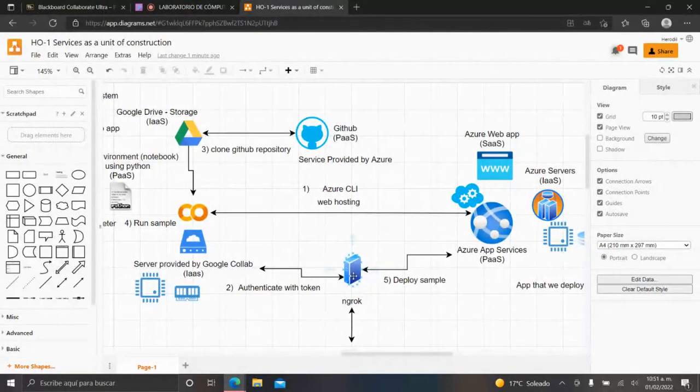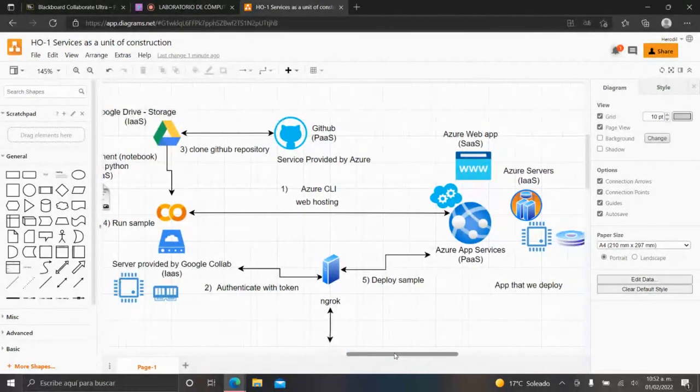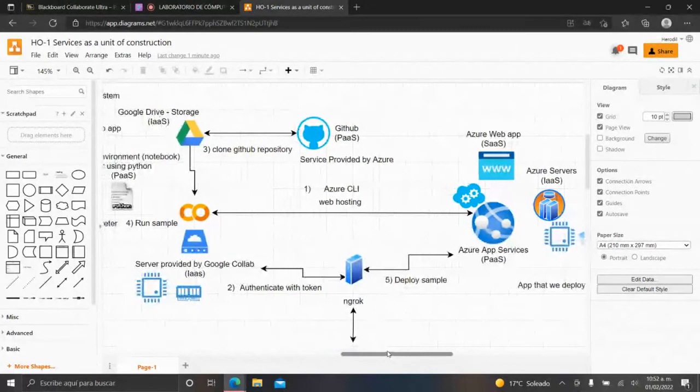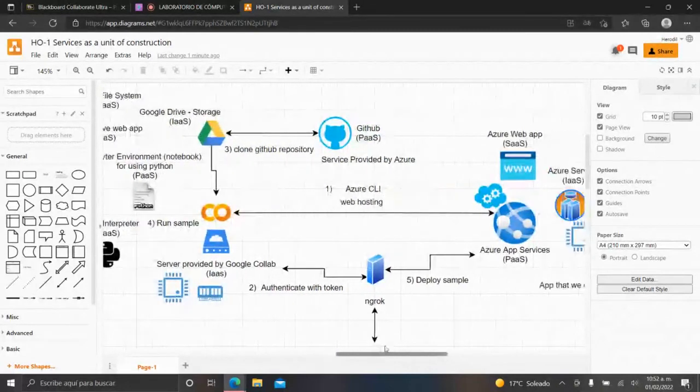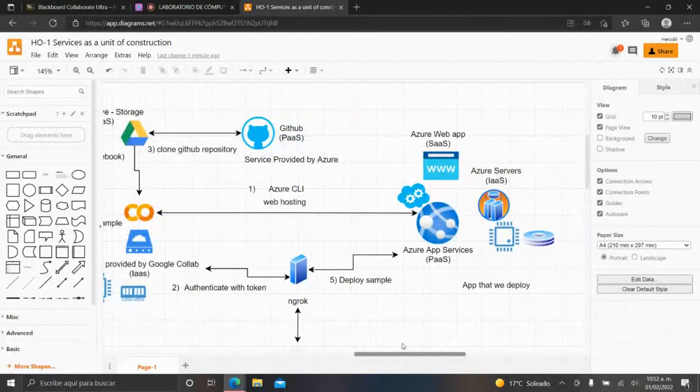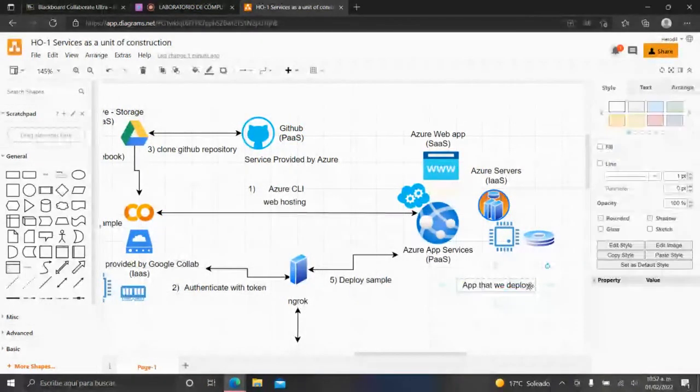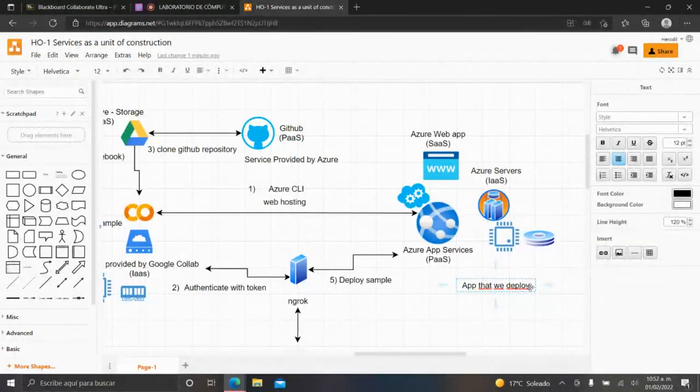The first is the preparation of the environment, for which we can have a functional architecture. Then we can use the same figure to show how the application works when it is only installed in Colab, and when it is deployed and running on Azure. So there are three functional architectures that describe everything that we have done.